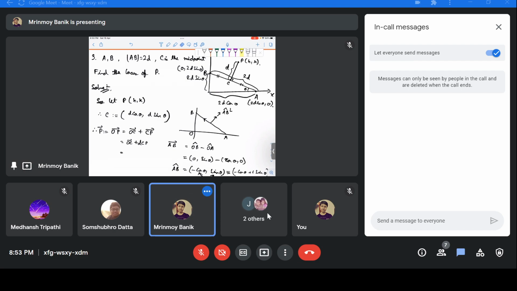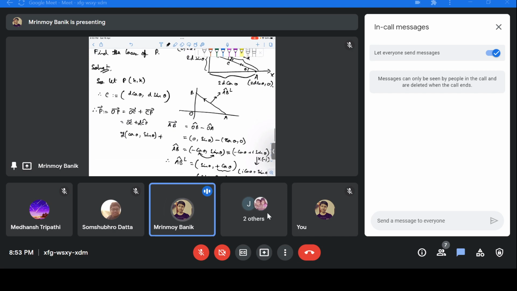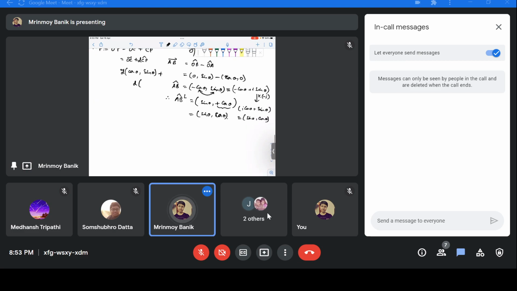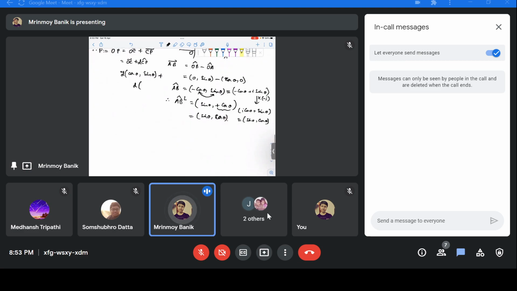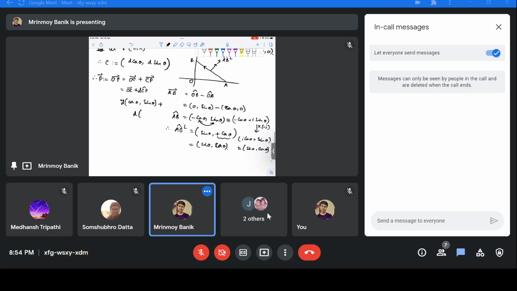OC vector is d times cos theta sine theta, plus d times the CP vector. CP vector is the same as the AB normal, right? So it's sine theta cos theta. So we have d times sine theta plus cos theta, sine theta plus cos theta.